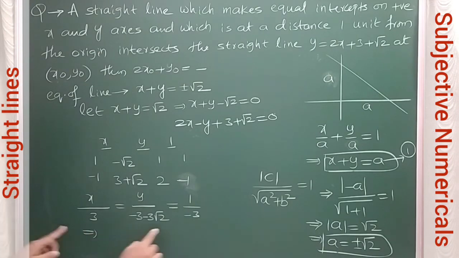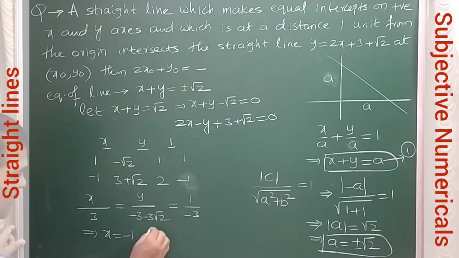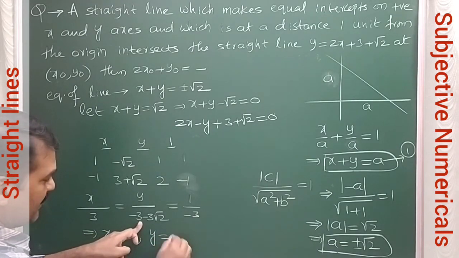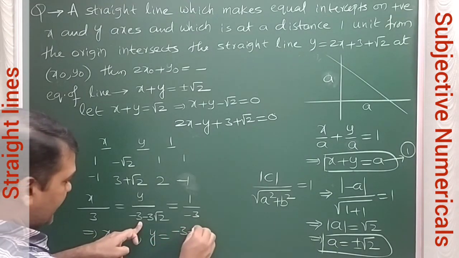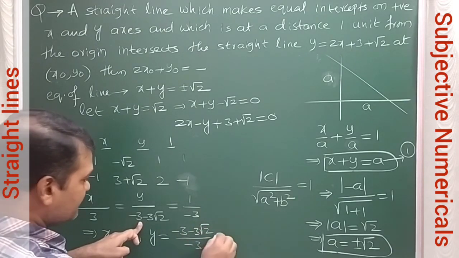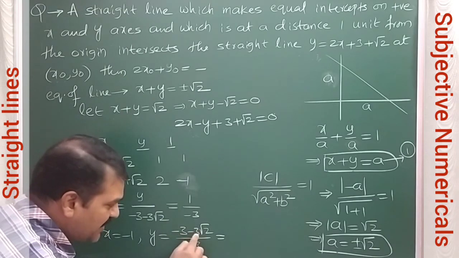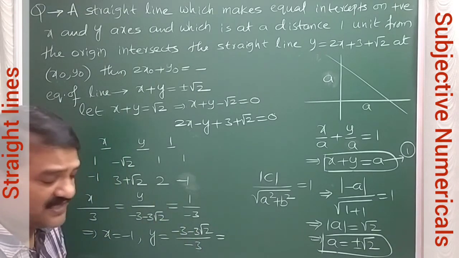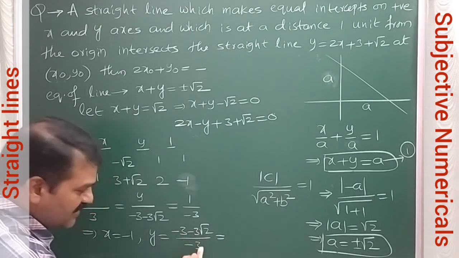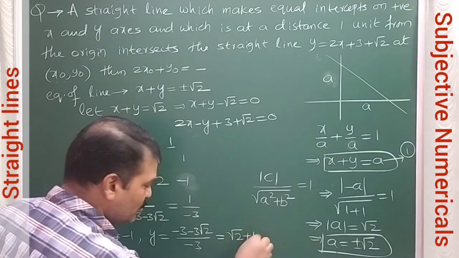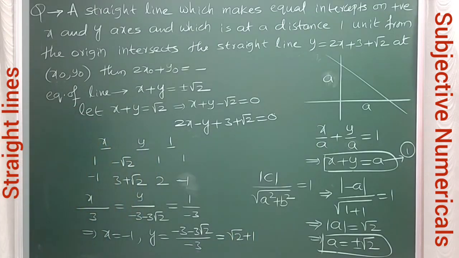So therefore equating these two, what will you get? X is equal to minus 1. Equating these two, what will you get? Y is equal to minus 3 root 2 by minus 3. If you take minus 3 common in this and cancel with the denominator, what is left? 1 plus root 2 or root 2 plus 1.